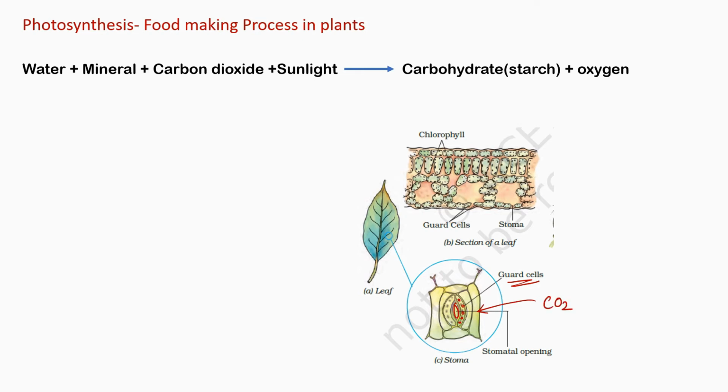Pore means tiny holes on the surface of the leaves, and they are surrounded by these guard cells. So the guard cells will open up this stomata pore and then they will take the carbon dioxide in for the photosynthesis process.